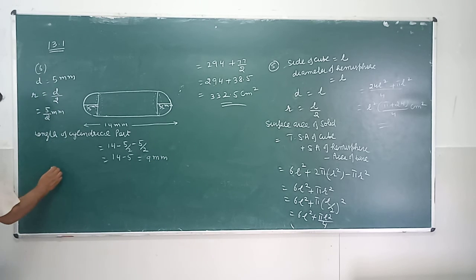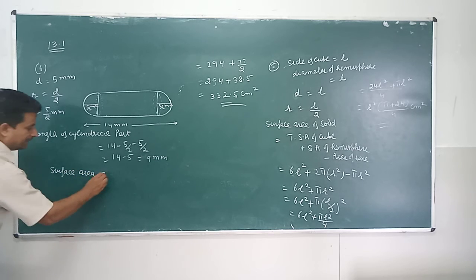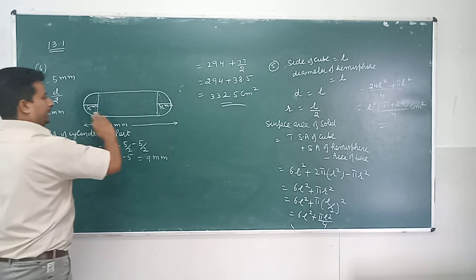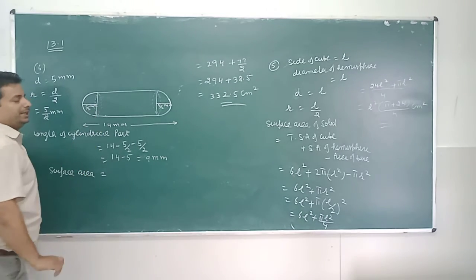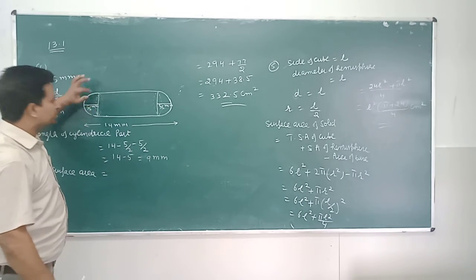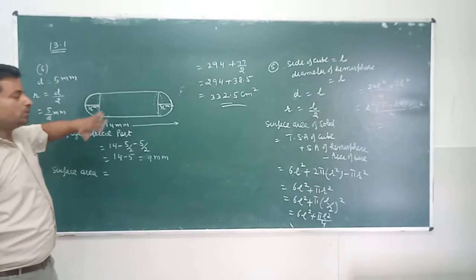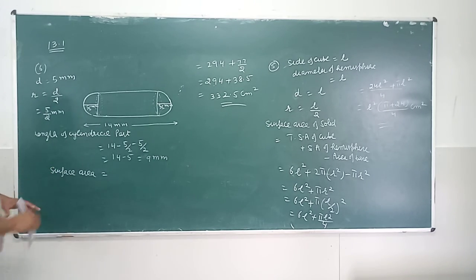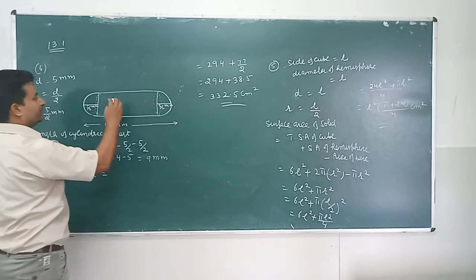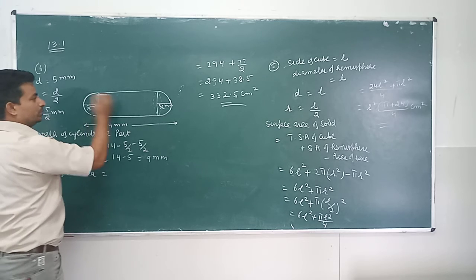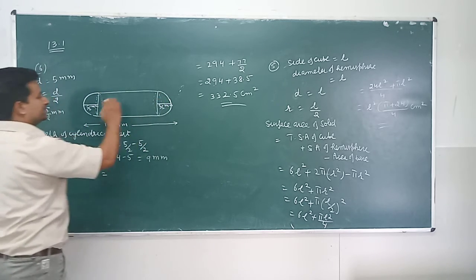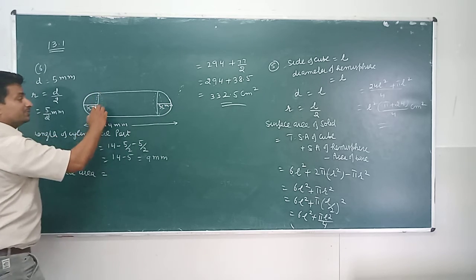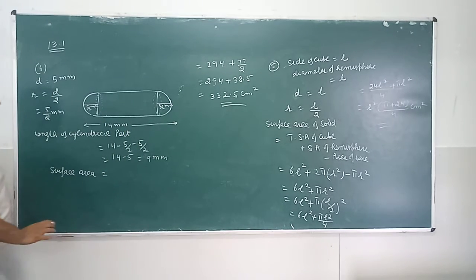We are required to find the surface area of this capsule. In this diagram, these dotted faces do not appear in the capsule, because the capsule is filled with medicine up to this point. So these faces are not taken in the total surface area.